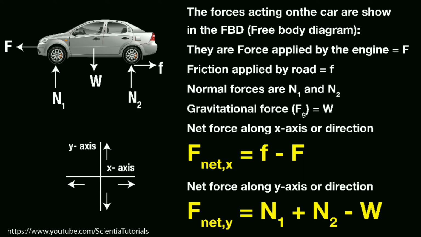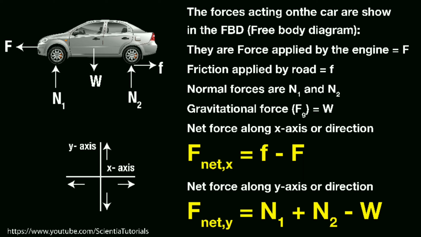So how much net force acts vertically on the car? Net force is equal to N1 plus N2 minus W, the gravitational force. Like this we calculate the net force acting on a particular car or object which is free, either in a moving state or in a rest state.